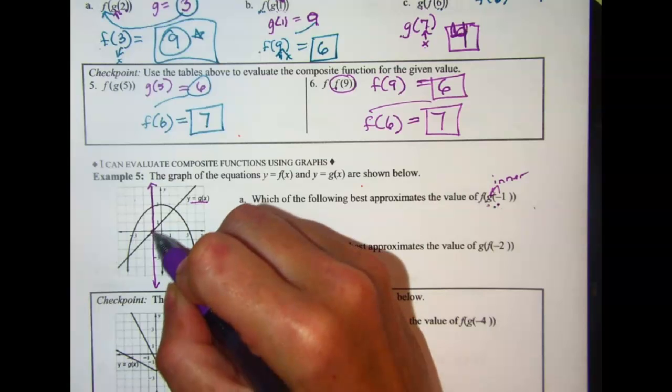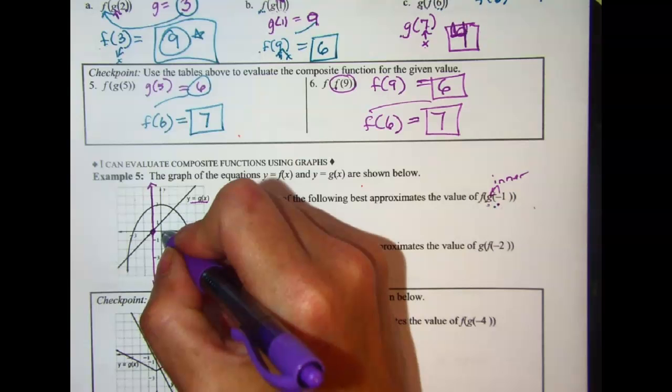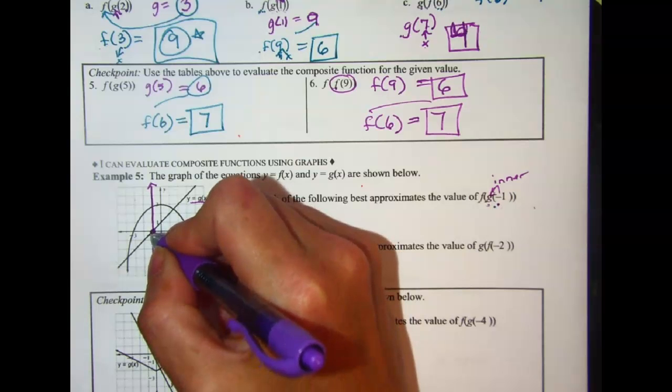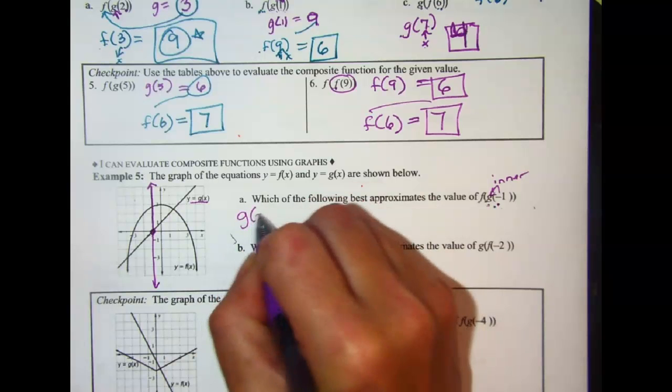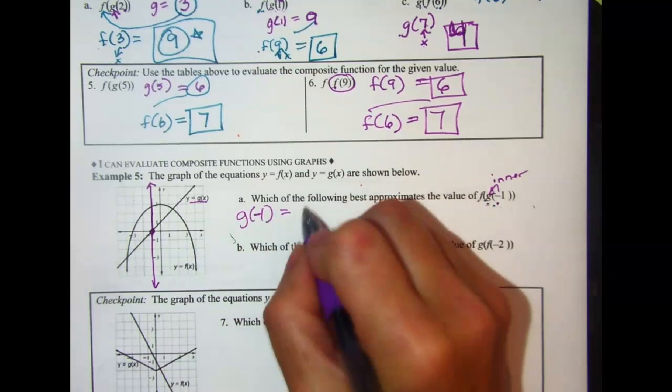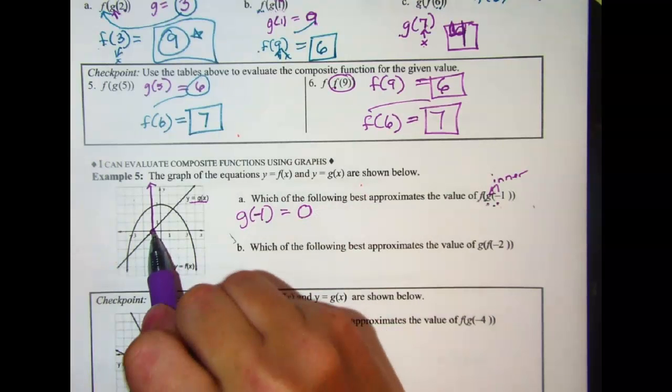So G of -1 actually hits at the number 0 right here. This is the ordered pair -1, 0.